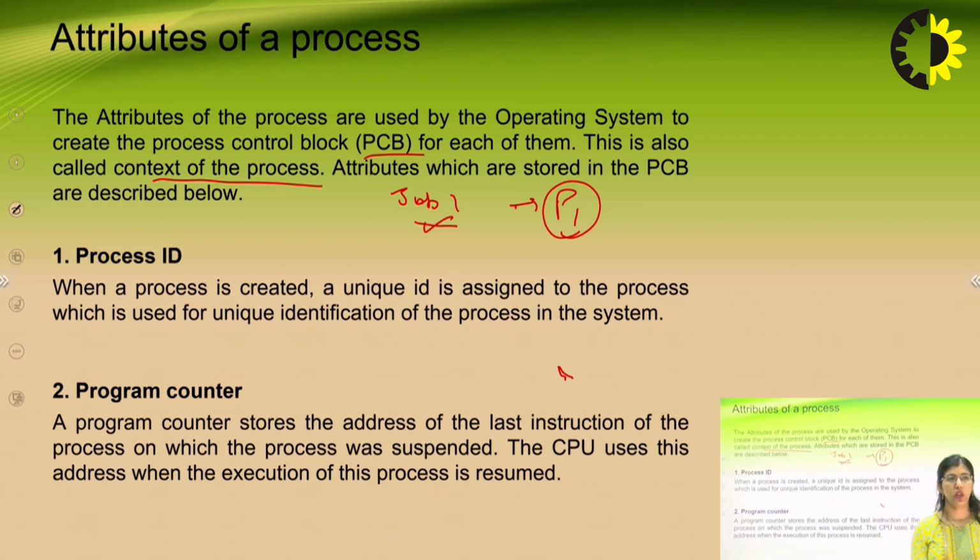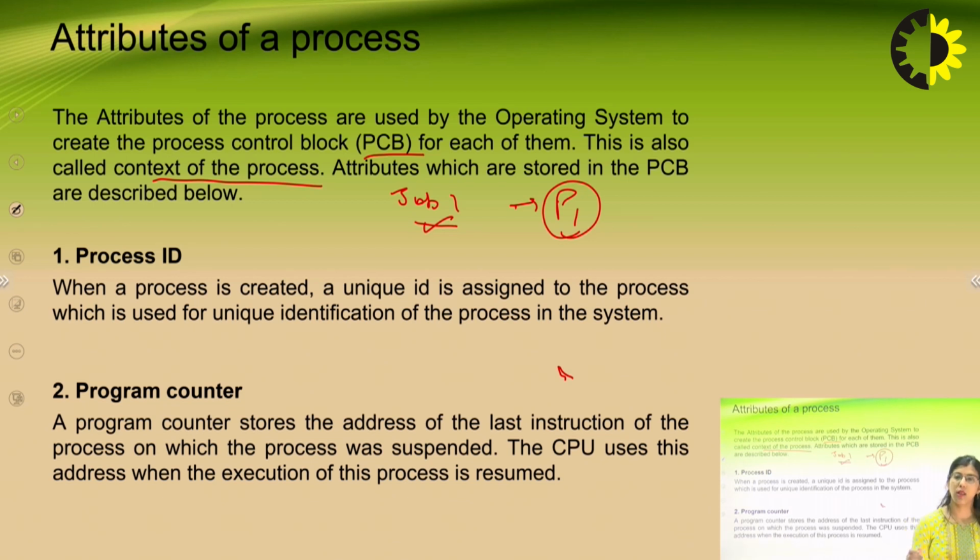Next information is the program counter that is stored in the PCB. Program counter stores the address of the last instruction of the process at which the process was suspended. The CPU uses this address when the execution of the process is resumed. So basically it stores the last instruction, because sometimes a process gets interrupted in between for some reason, like a high priority process comes to the CPU.